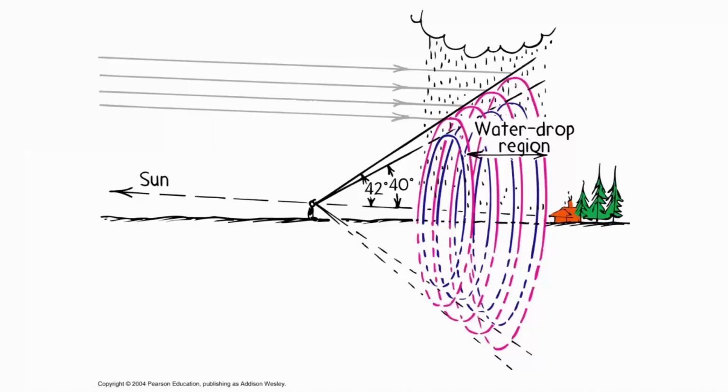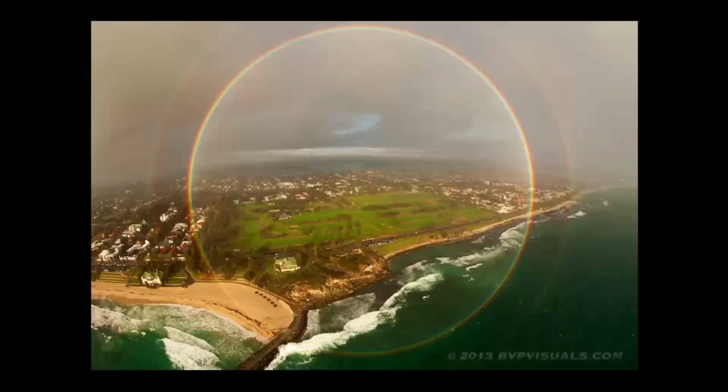But it gets better. The bow isn't a bow at all. It's a circle. We hardly ever see the circle because the ground gets in the way, right? But if you can get up high enough, you can actually see the entire circle.